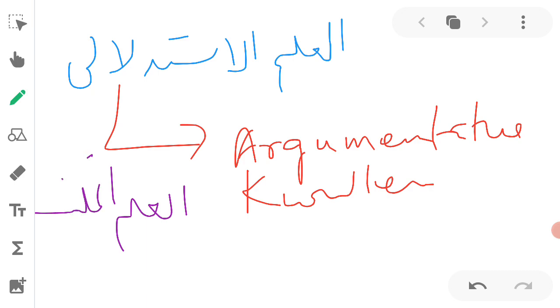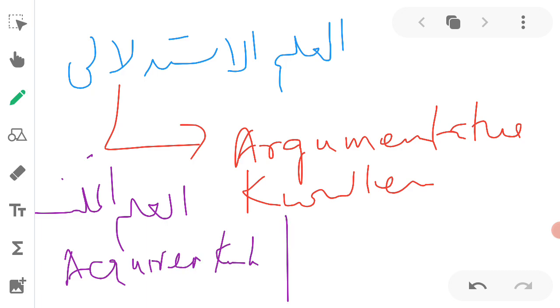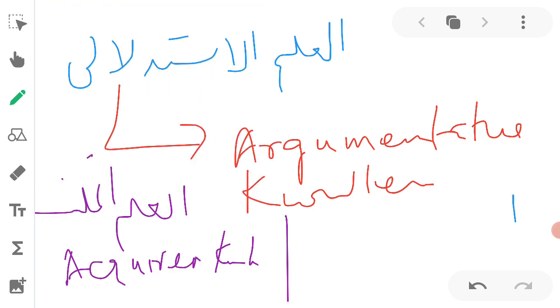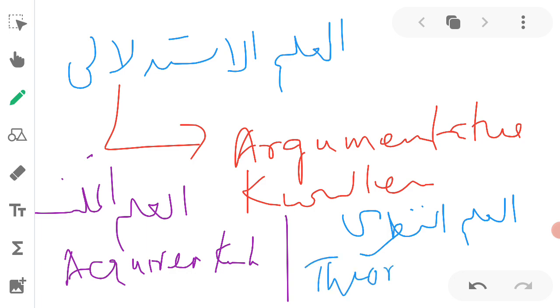So these are synonymous, acquired knowledge. Okay, there's another term which is used. In fact, it's actually more common. They're synonymous with these two: al-ilm al-nazari, theoretical knowledge.